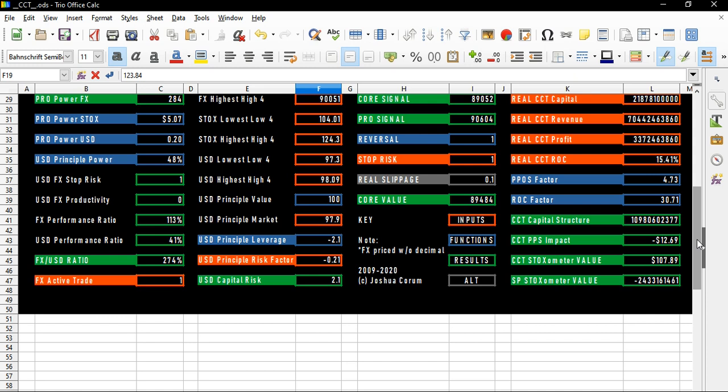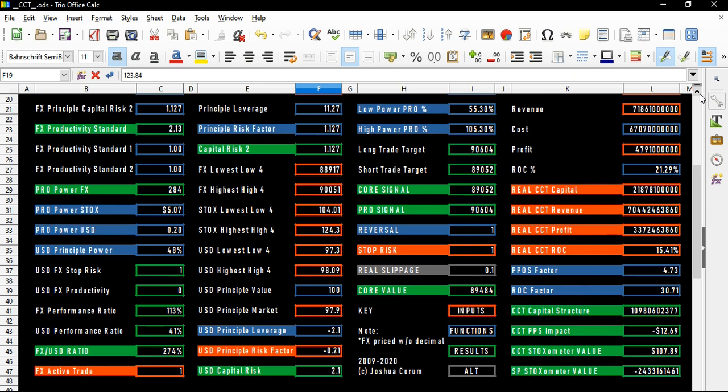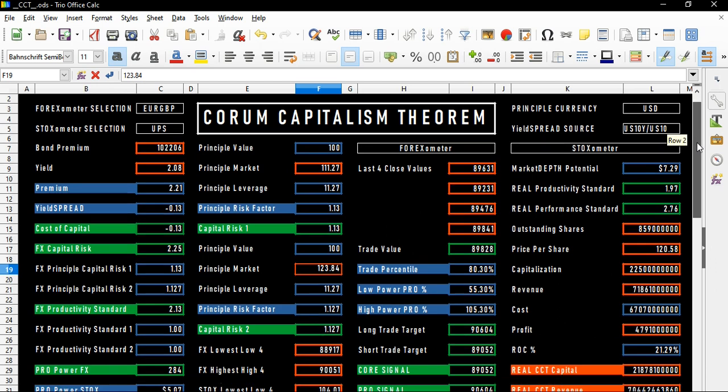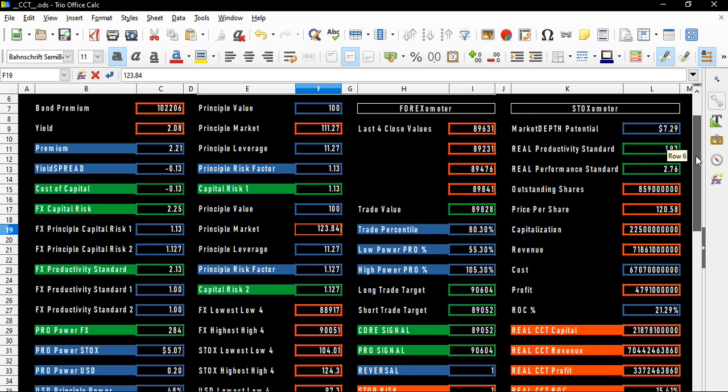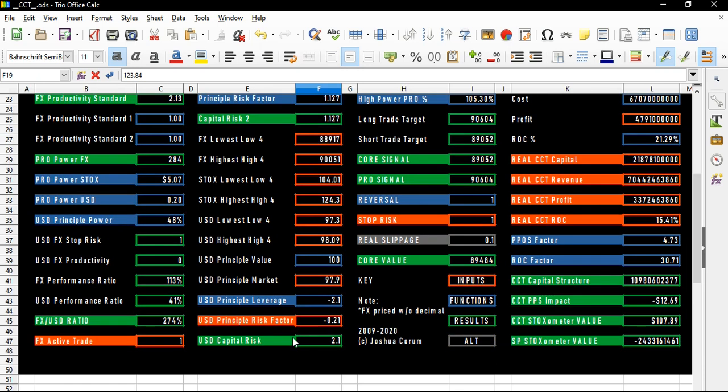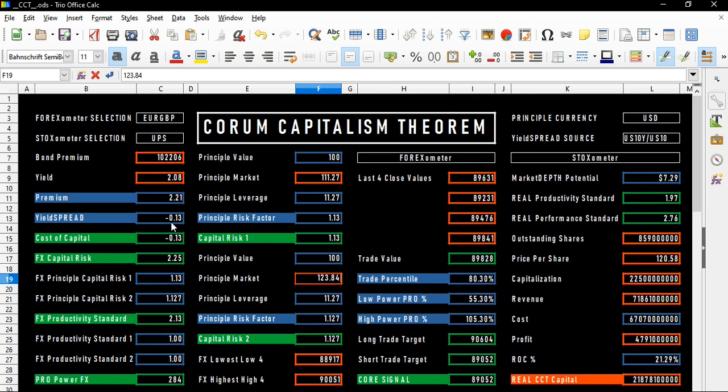that other $11 billion is earning, go over here on our capitalism theorem trade focus spreadsheet, and I want you to look at the productivity standard for the US dollar. That is the capital risk 2.1 plus the yield spread of basically minus 0.1.